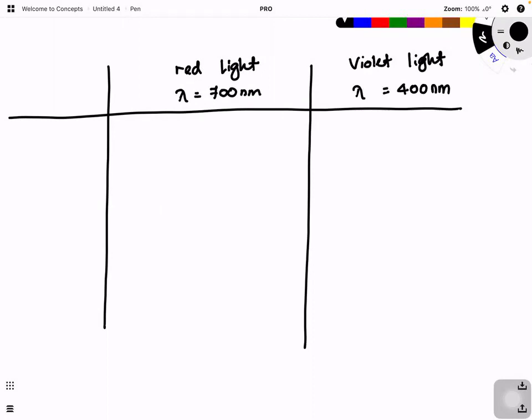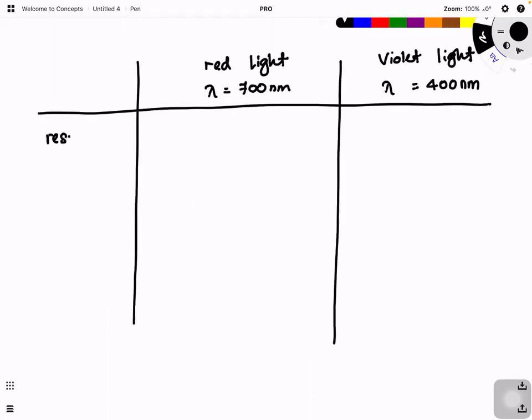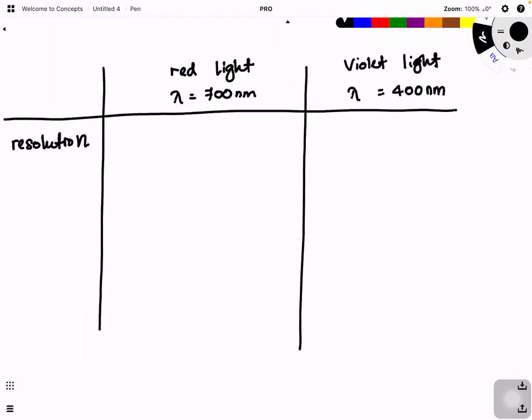Okay, so first thing, let us look at resolution. What is the resolution of the microscope using red light? So half. Okay, resolution equals half of the wavelength, roughly. So equal to 350 nanometer. Okay. Next, how about violet light? Half of the 400, so equal to 200 nanometer.